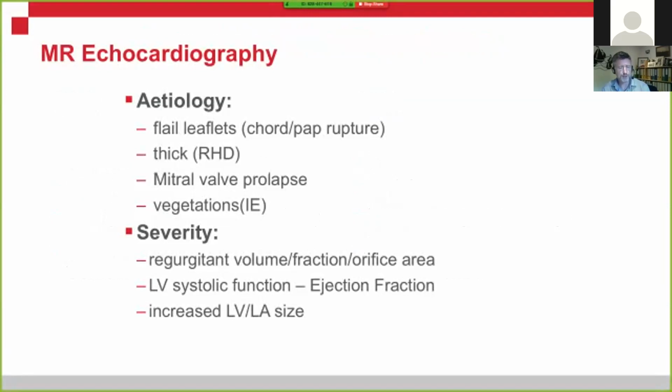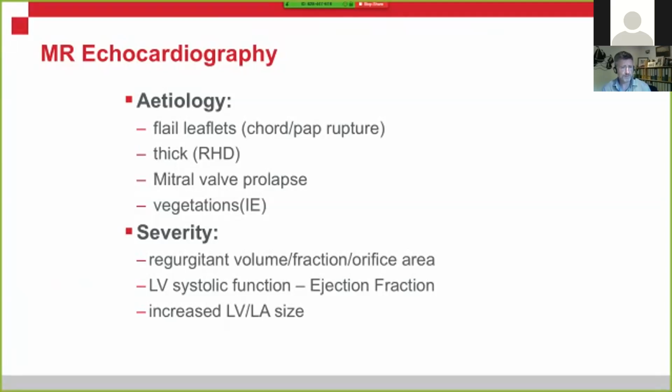So if you see any patient with signs or symptoms suggestive of mitral regurgitation, then I'd have no hesitation at all in organising, requesting an echocardiogram. Obviously, you'd also request an ECG, just looking out for atrial fibrillation. So the echo, looking at potential etiology, looking at the leaflet function: are there signs of chordal or papillary muscle rupture?